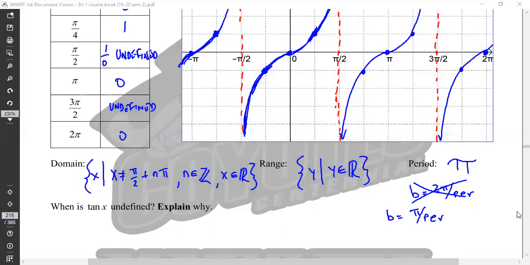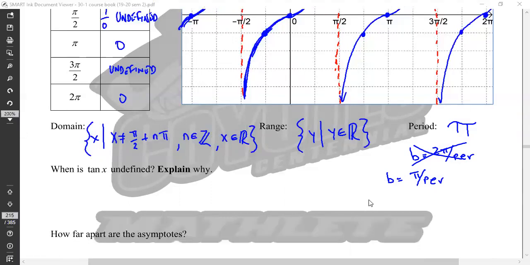When is tan x undefined? And explain why. Well, tan x is undefined where we have these asymptotes. We kind of just wrote this in the domain, undefined when x equals pi halves plus n pi.